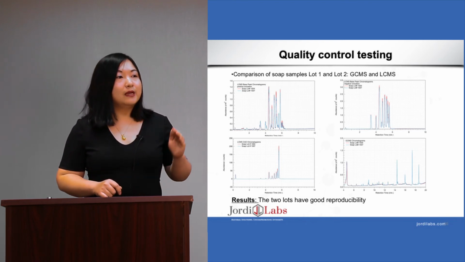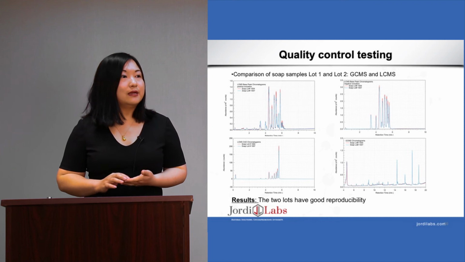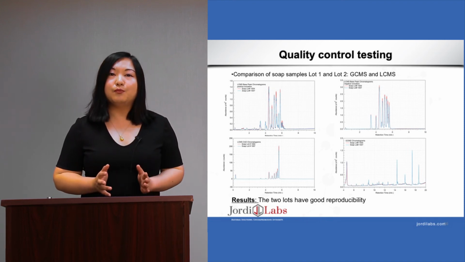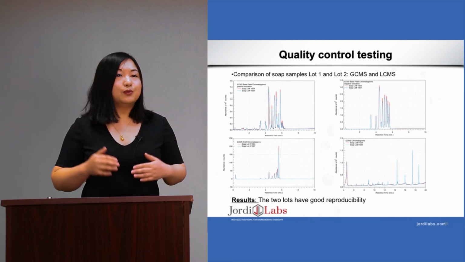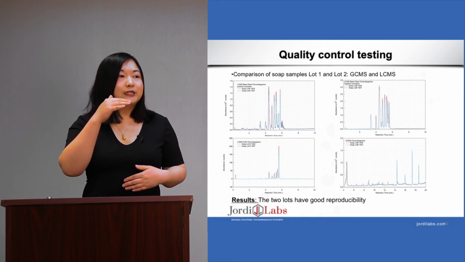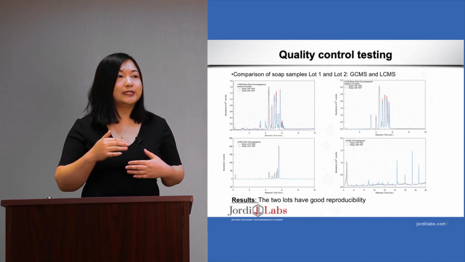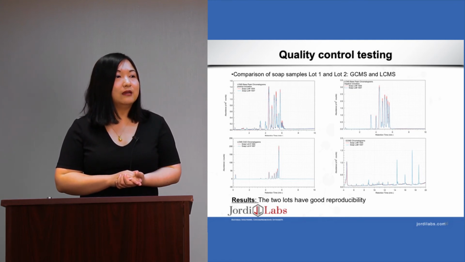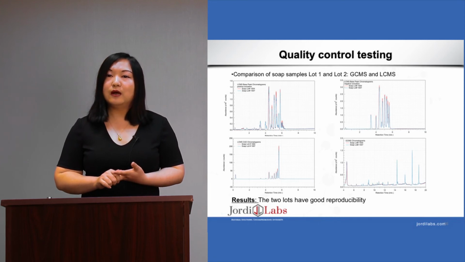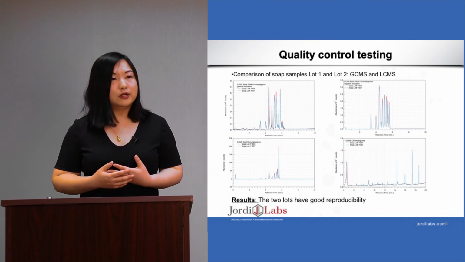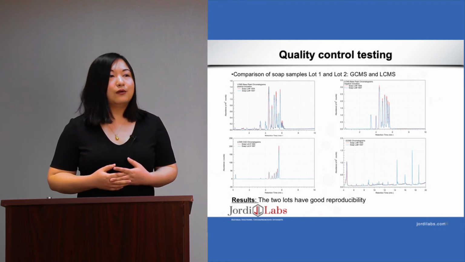For example, in the slides we show here are two batches of soap samples we obtained, and we compare the GCMS and LCMS chromatograms between batches, and we can see that the two batches are pretty reproducible. It's a good indication that there's good quality control over their product.